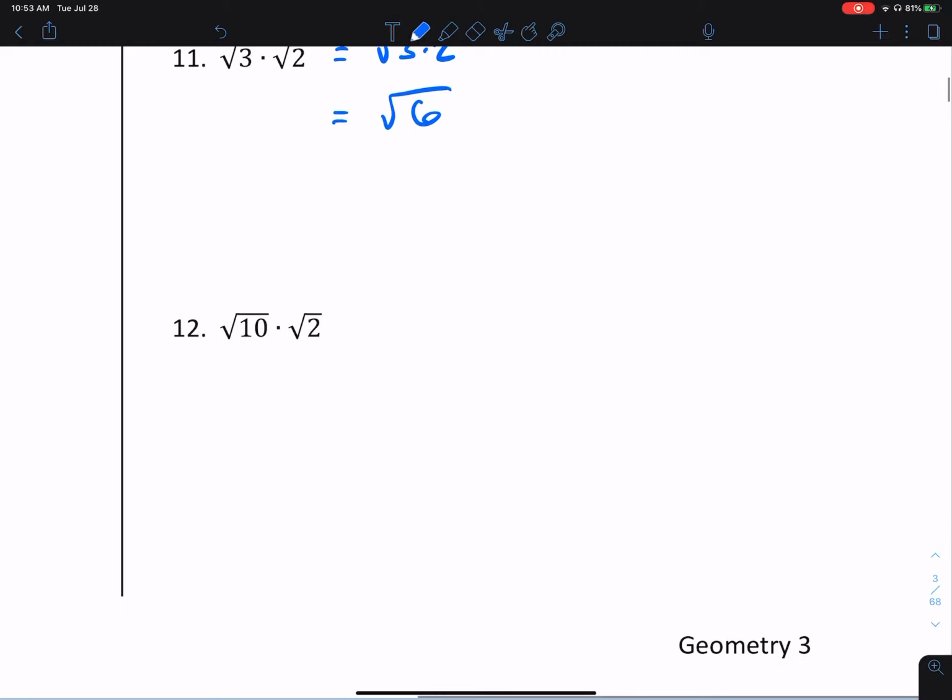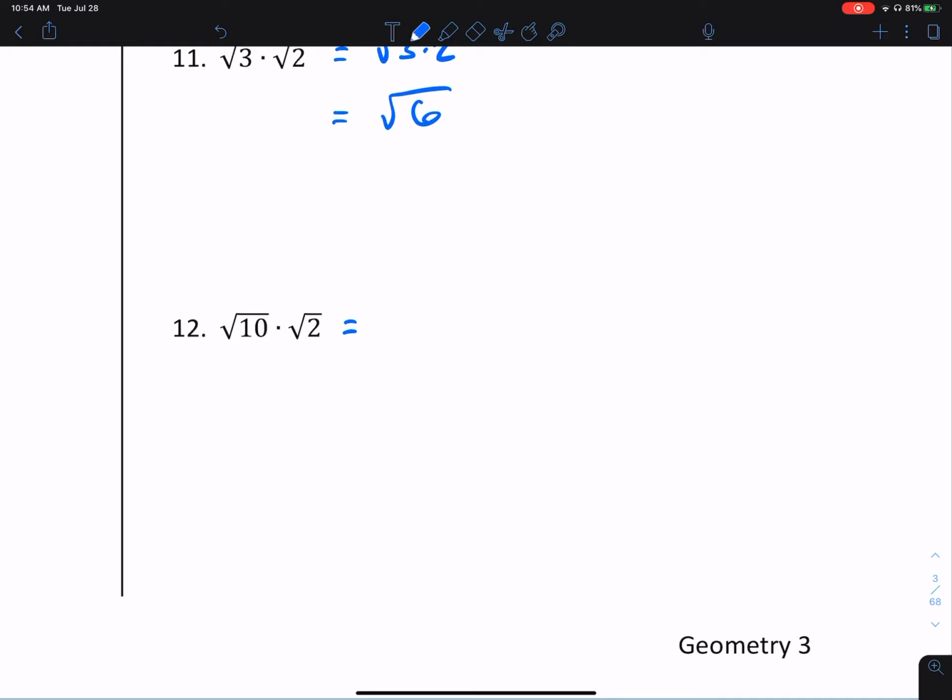Now number 10, if you use the first method I showed you and you say, well, what's this? Is there a factor of 10 that's a perfect square? The answer is no, because its factors are 1 and 10 or 2 and 5. Is there a factor of 2 that's a perfect square? The answer to that's also no. So it appears as though this is just square root of 20, but it isn't. I'm going to do this in 2 different ways once again.